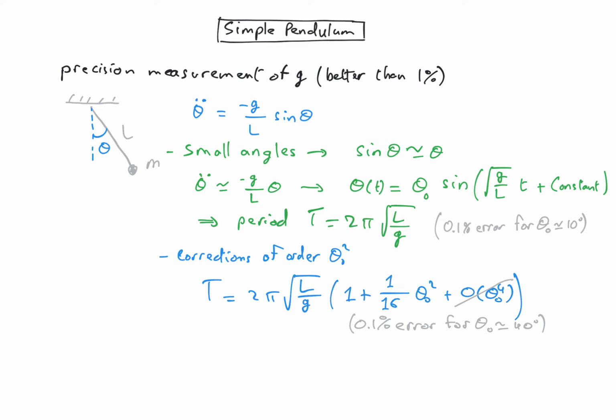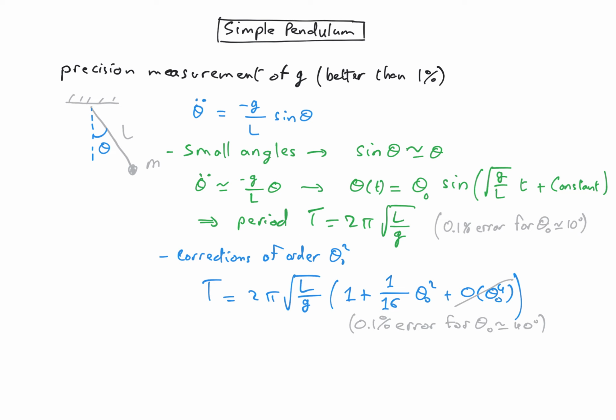Other possible sources of uncertainties come from the support, if it's not perfectly rigid and moves. So you want to make sure that this doesn't move. And you also want to make sure that the string is really of a fixed length L and doesn't have any elasticity.